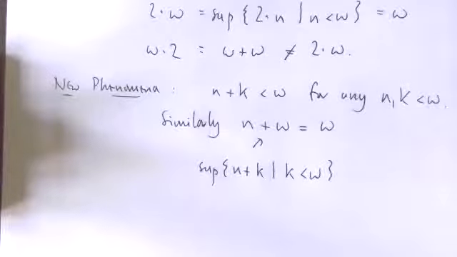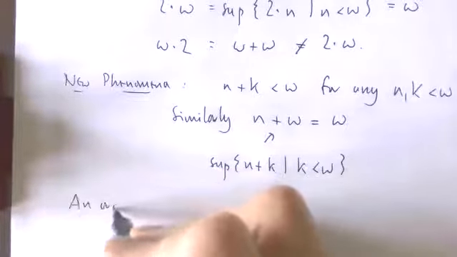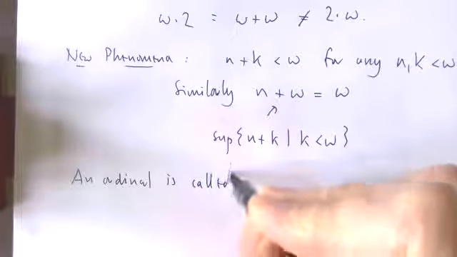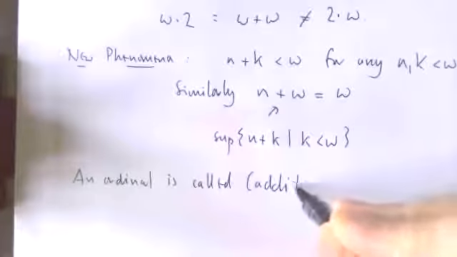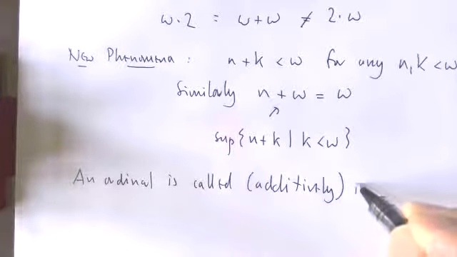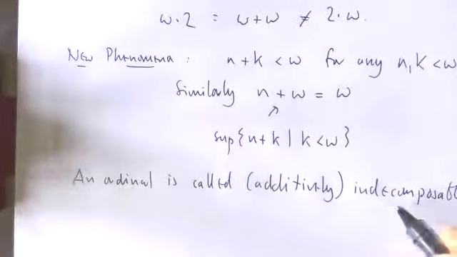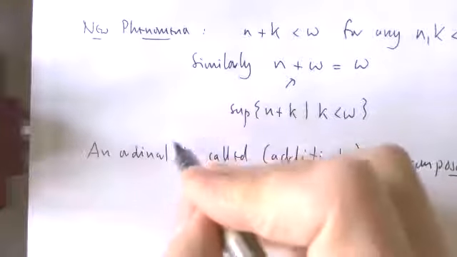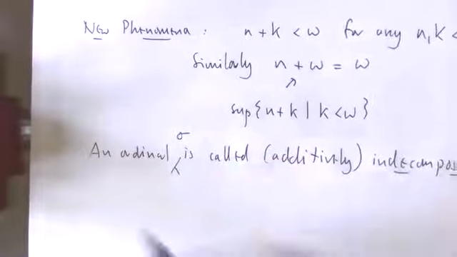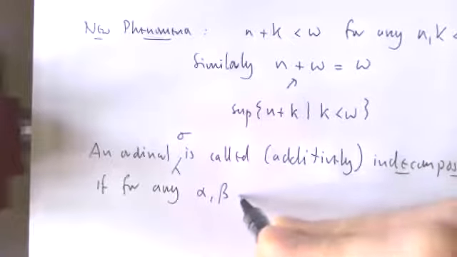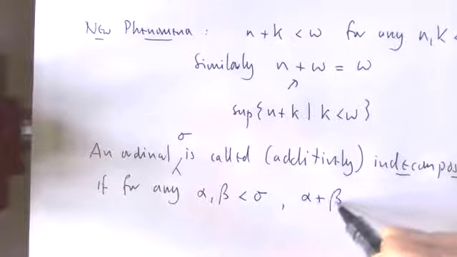So an ordinal sigma is called indecomposable, or sometimes additively indecomposable, because it's all about addition, if for any alpha, beta less than sigma, alpha plus beta is less than sigma.